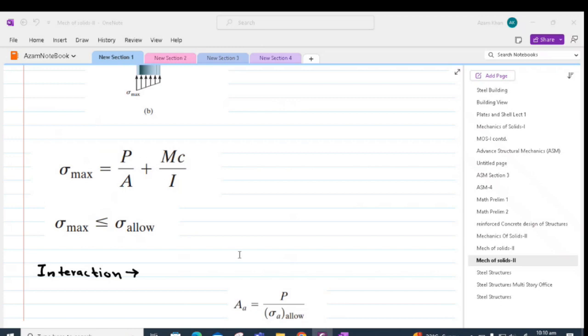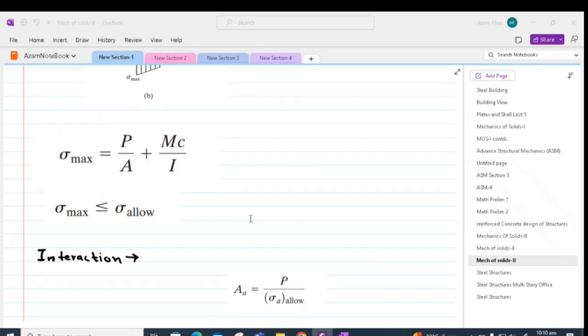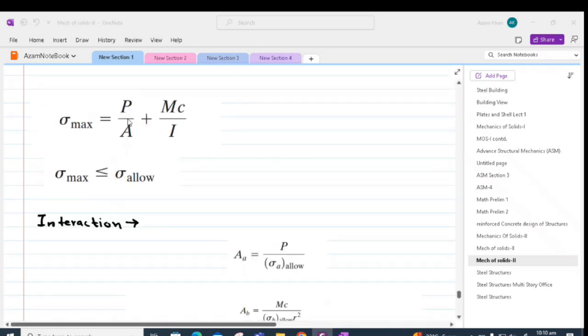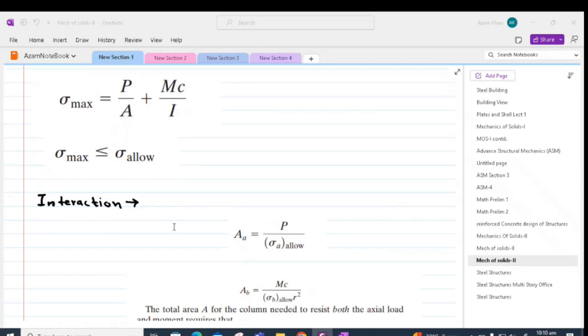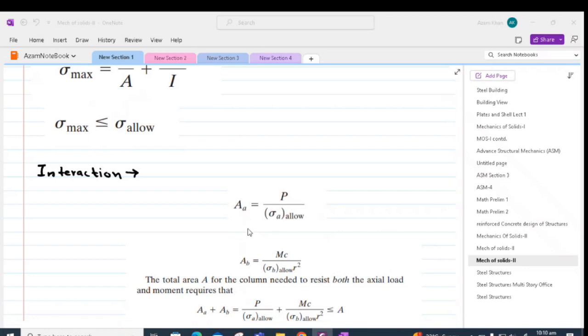In order to do so, we normally separate the contribution to the column area by the axial force and the moment. So the area required to take the axial load would be equal to P/σ_axial allowable, where σ_axial allowable is the allowable axial stress.